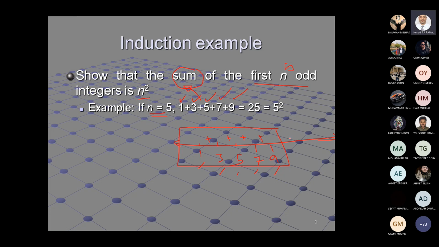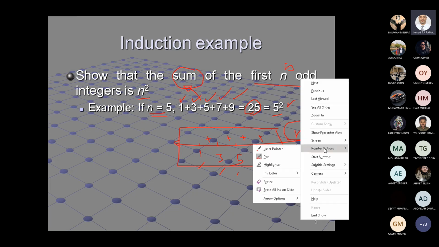The summation has to give us n to power 2, which is how much? 5 to power 2 means 25. So get the summation: 1 plus 3 plus 5 plus 7 plus 9, you will get 25, which is 5 to power 2. This is only an example to show you that this is correct, but you will not use examples.